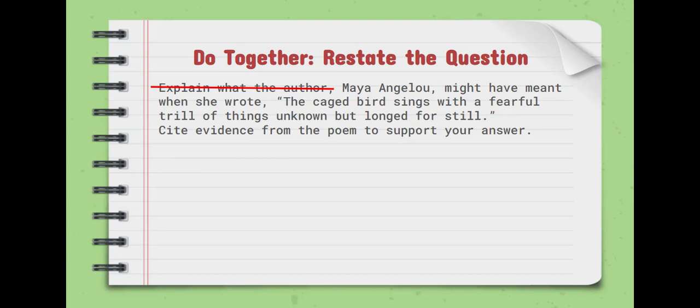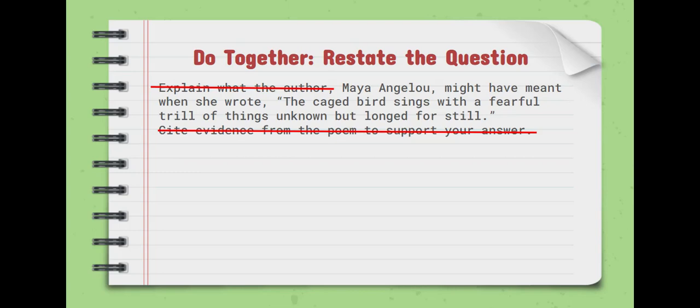First of all, get rid of that first question. Explain what the author, just get rid of it. Cross it off. Start the sentence with, Maya Angelou might have meant when she wrote, "The caged bird sings with a fearful trill of things unknown but longed for still." Oh, there's that other question. Cross it out. Then you're left with your restated question.